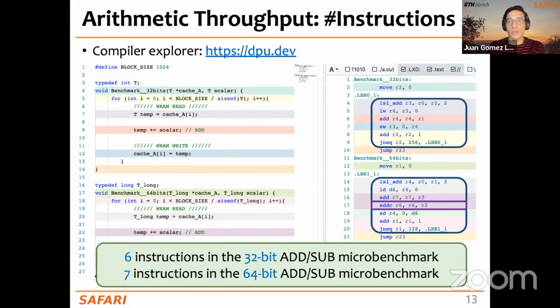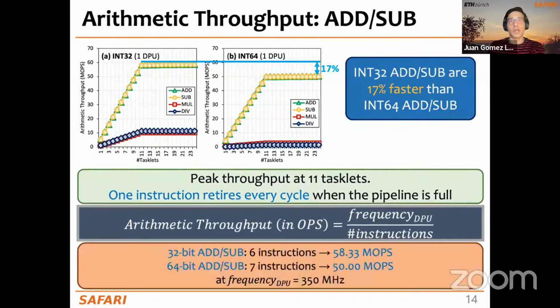In summary, one operation uses 6 instructions while the other uses 7 instructions. Based on that, we can estimate the arithmetic throughput as 58.33 mega operations per second for the 32-bit addition and subtraction, and 50 mega operations per second for the 64-bit addition and subtraction, because it's using 7 instructions.